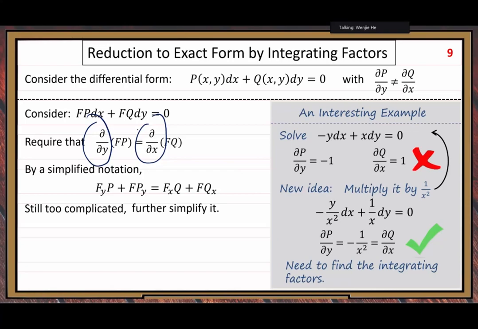Can we consider a special case where the f function is only a function of x, but not a function of y?